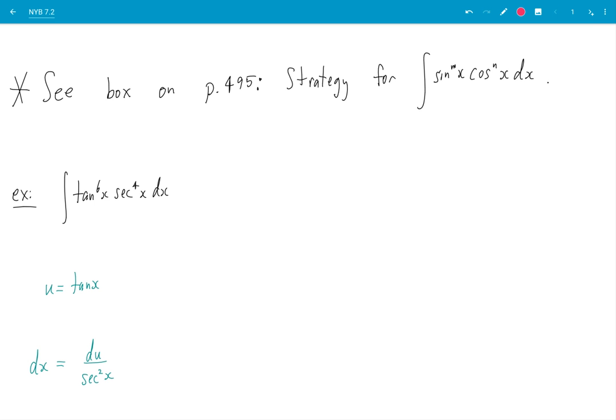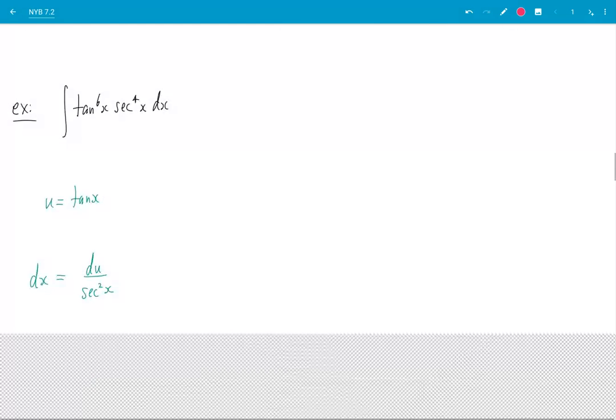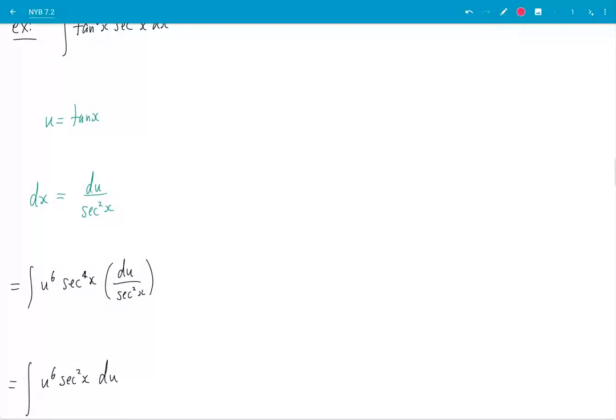Okay, next example. Items like this can be resolved according to a pattern as well. In this case, we're going to take tan as our u, and we'll see why in a second. It has to do with trig identities. So I do my substitution and I simplify to arrive here. Now, I got an even power of secant. That is why I am a happy camper right now.